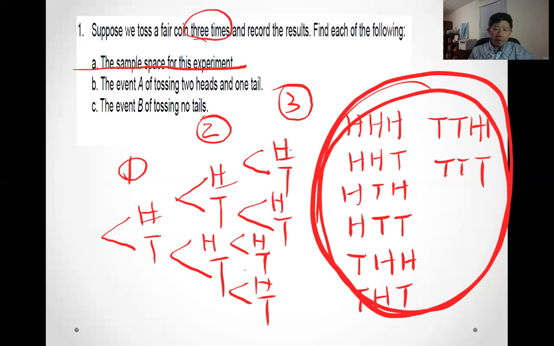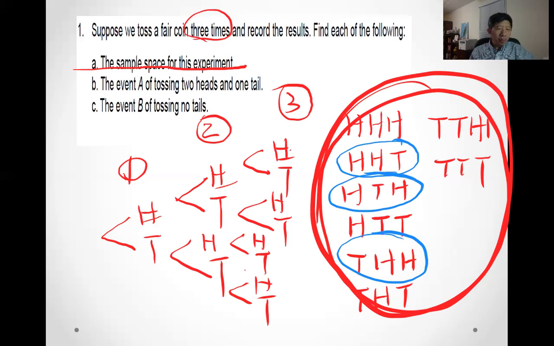See, this is 2 heads. We have head, head, tail. We have tail, head, head. We have head, tail, head. Oh, how many do we have? We have 3 possibilities for 2 heads and 1 tail. So 3 out of how many? The sample space total is 8. So the answer will be 3 out of 8, right?